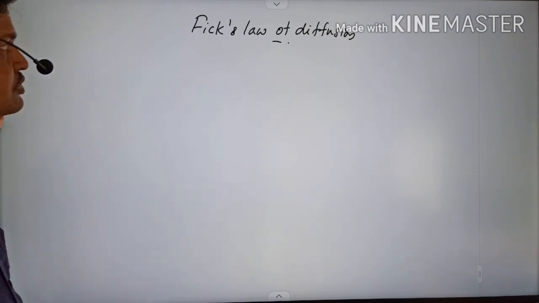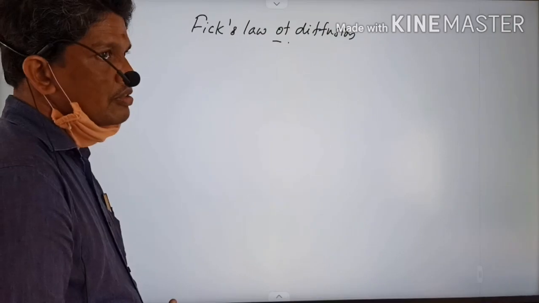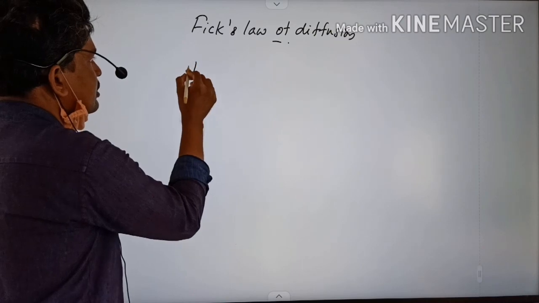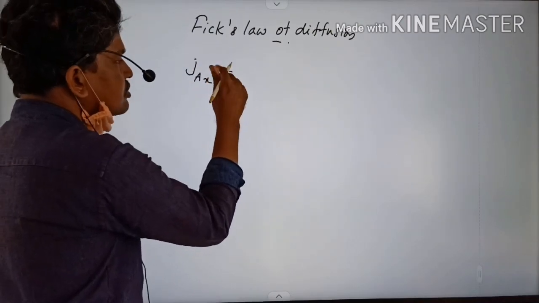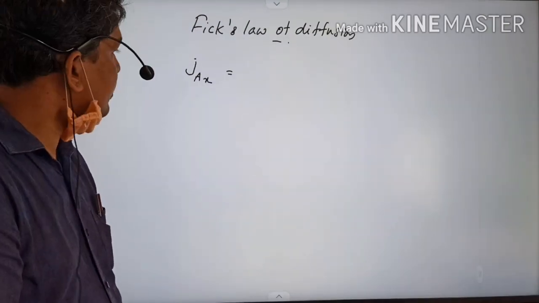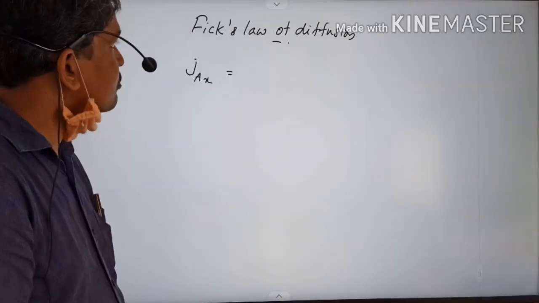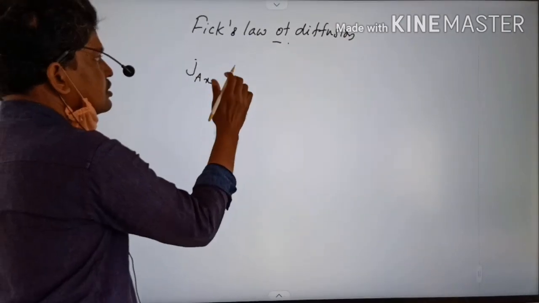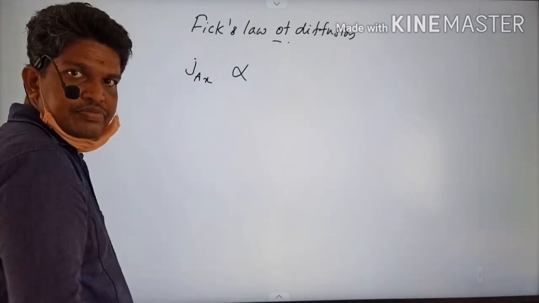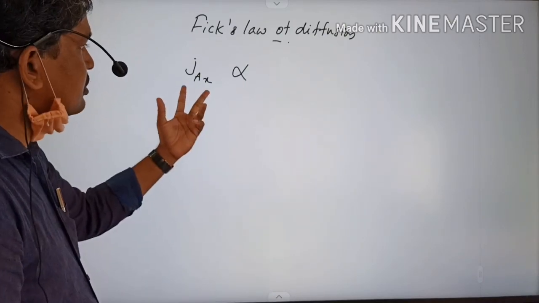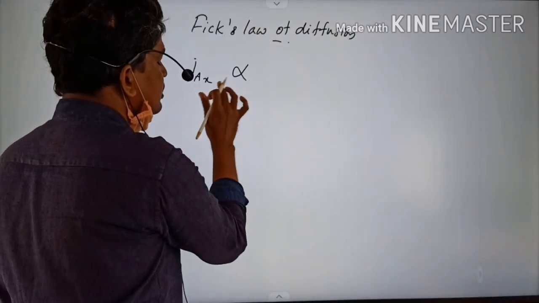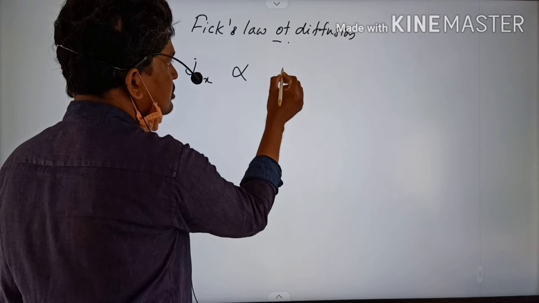I will write the expression that the rate of diffusion, that is the diffusion mass flux JAX, according to Fick's law, is proportional to the concentration gradient in that direction. The diffusion flux is directly proportional to the concentration gradient.